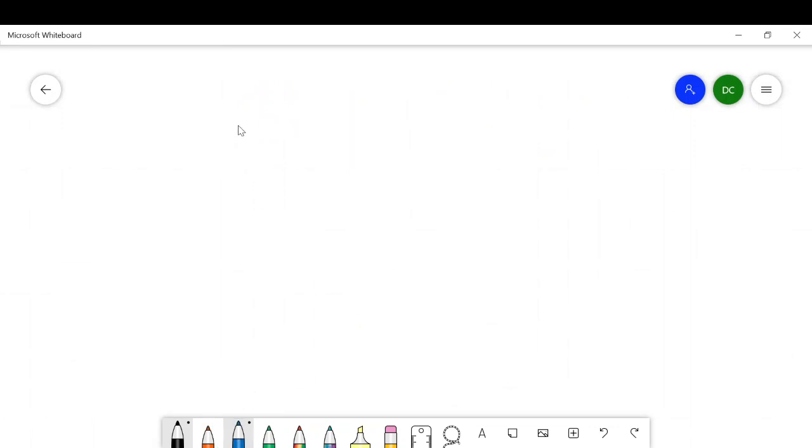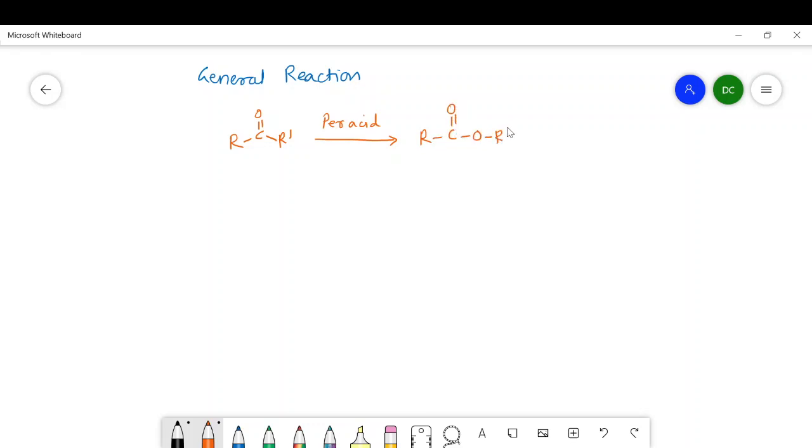So I will write here a general reaction. We know that the Baeyer-Villiger oxidation process is nothing but the conversion of ketone into the corresponding ester by using per acid. So I will write the structure of ketone like this: RCOR dash. These are the two alkyl groups, and in presence of per acid, this ketone is converted into RCOOR dash.